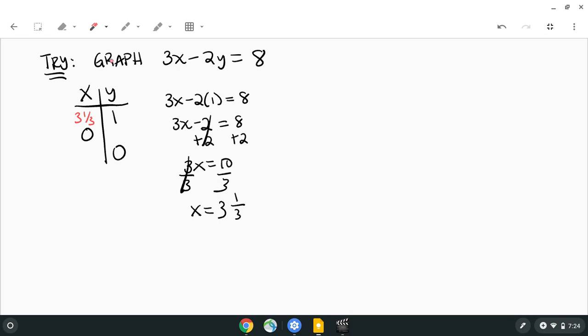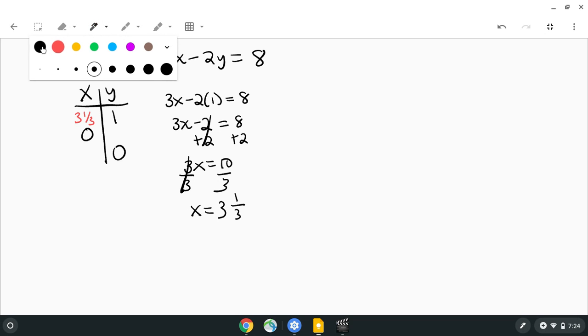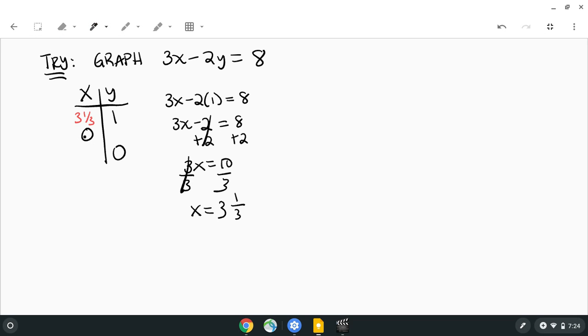All right, my next point. So I am going to choose 0. I chose 0 for x. Okay, so let's go ahead and work that out. 0 for x. So 3 times 0 minus 2y equals 8. 3 times 0 is 0. So that's gone. So negative 2y equals 8.